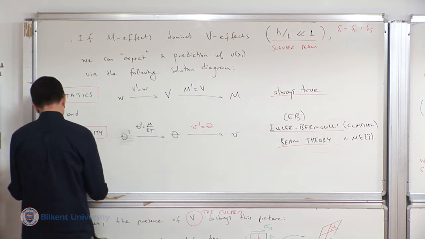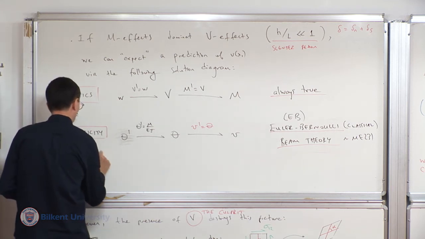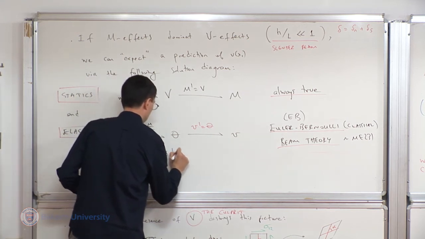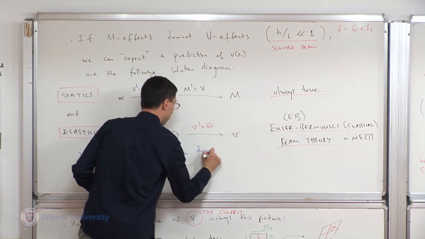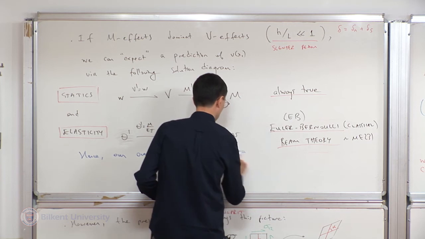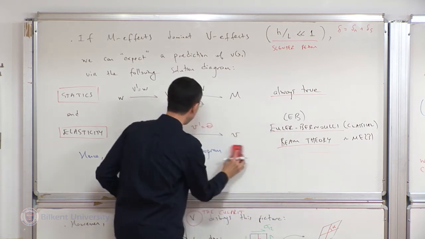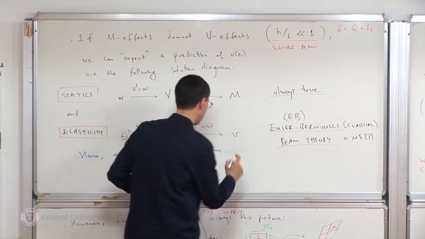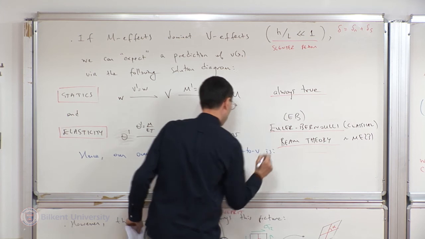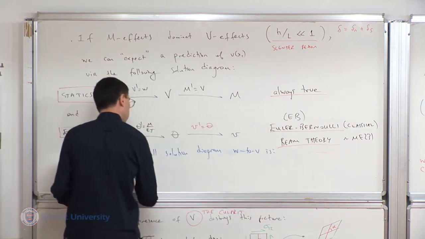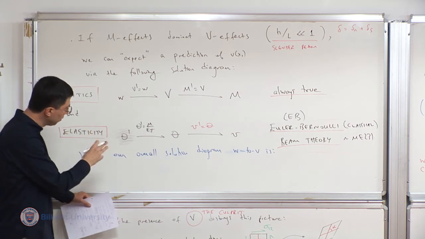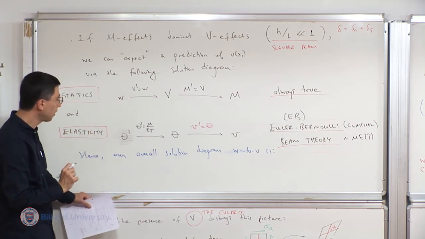And therefore, I can write an overall solution diagram that takes us directly from the distributed load to the final quantity of interest, V. So if you want to go from W to V, right? So I'm going to phrase things now a tiny bit different.